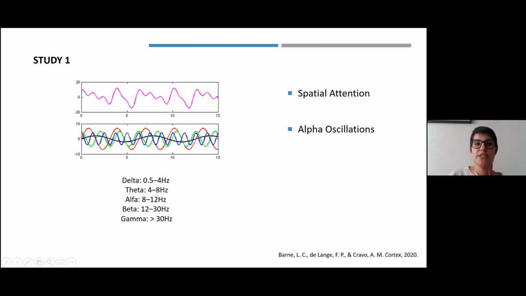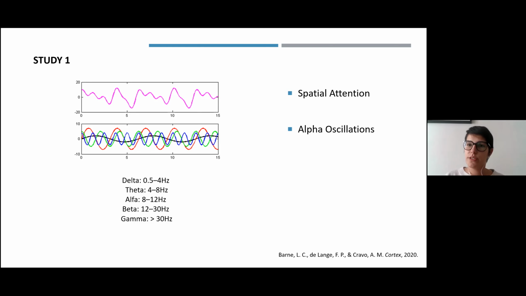And what are alpha oscillations actually? If you look at the EEG activity, you see that this activity across time can be translated into the frequency domain, and you can simply describe this temporal function in sines and cosines with different phases, different frequencies and different amplitudes.